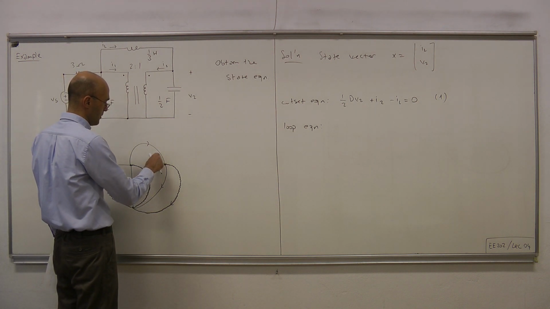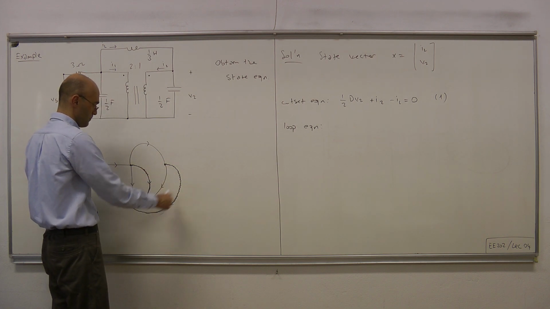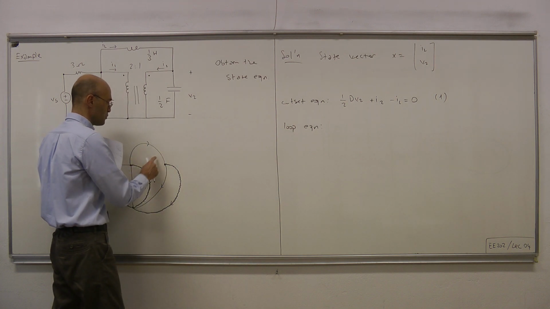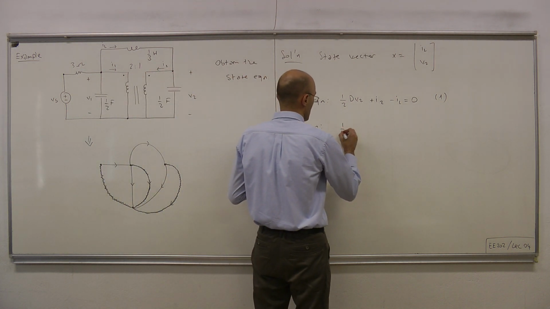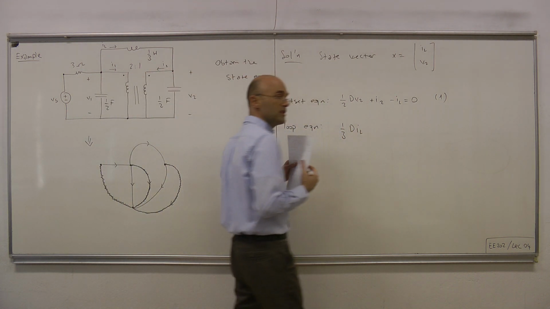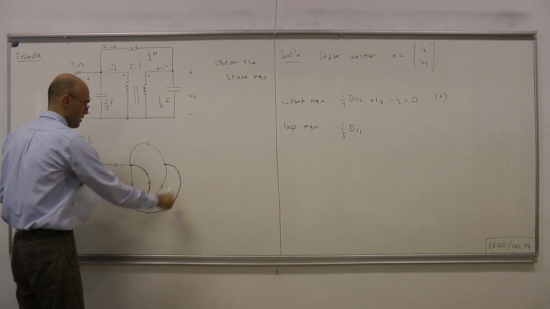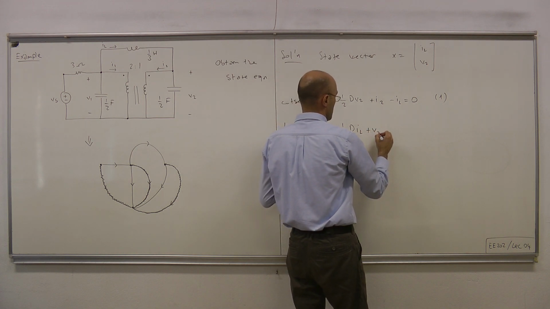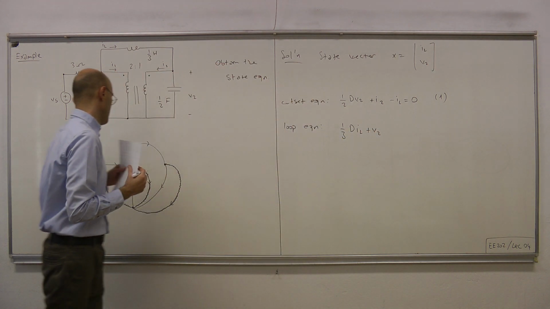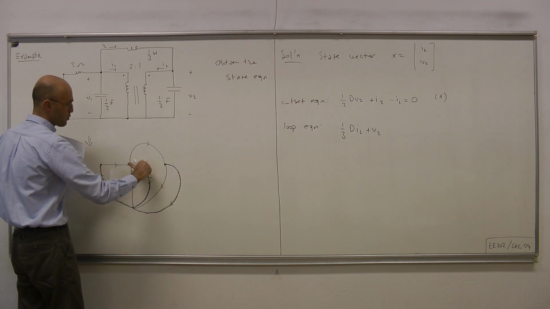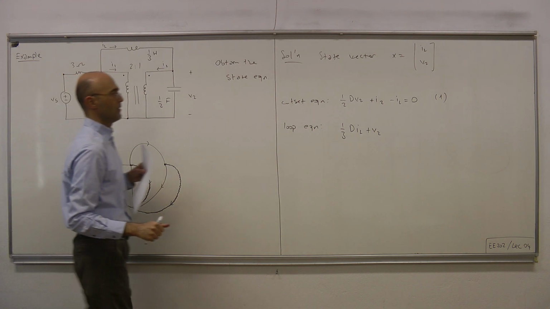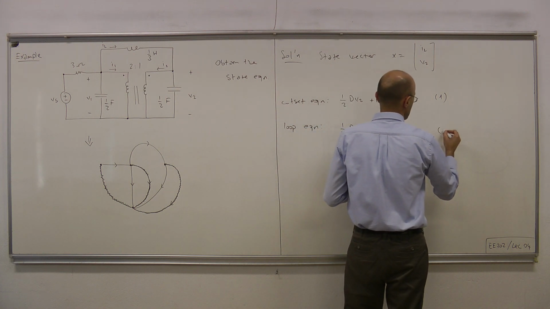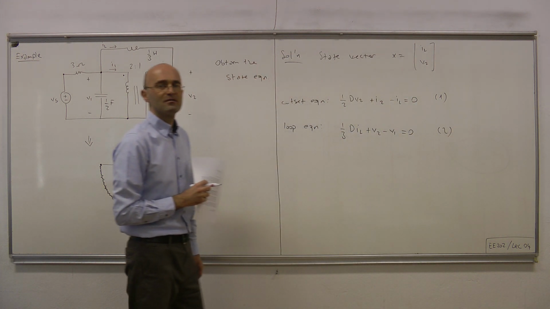So we're talking about this branch and that branch. If you write the loop equation, you have this voltage, which is 1/3 dIL, that's the inductor voltage, plus this voltage, which is V2, and plus this voltage, which is minus V1, equals 0. So that's our second equation.